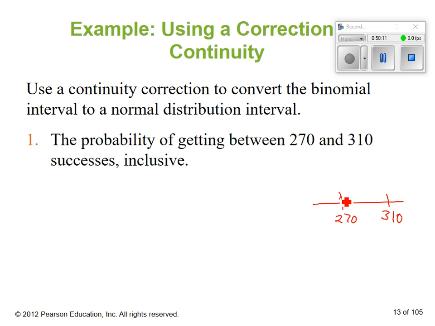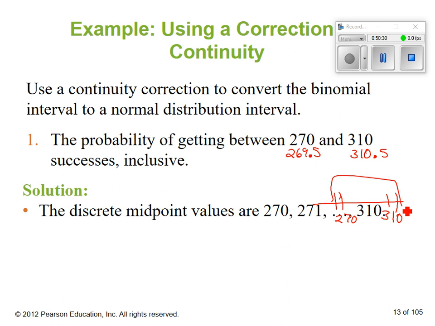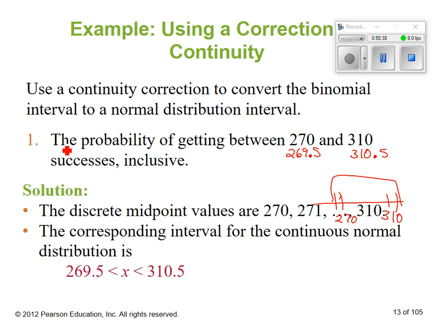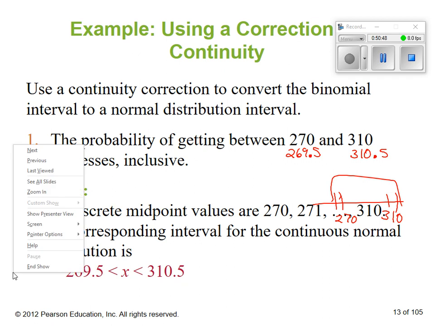What am I going to change the 310 to? 310.5. So I'm going to go out just a little farther on each one of those, and it's going to be that area. So our probability is going to be from 269.5 to 310.5. That's what you're going to do, just to change it so that you can plug that into your calculator.